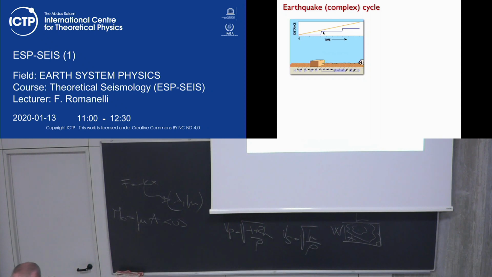Good, it's an area. Now wait a second. Newton over square meters times square meters. What is this? Well, that's the average of a slip vector on the fault. So it's the average slip. So it's a length.